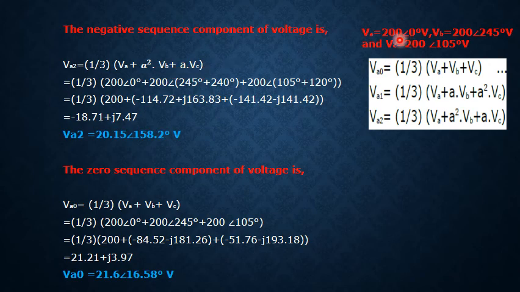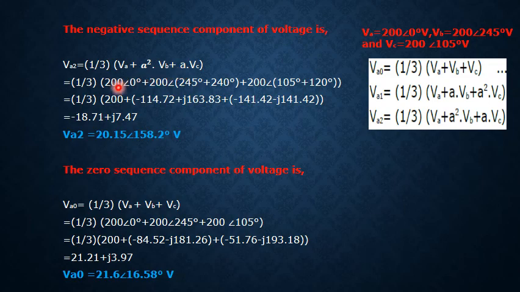These are the values of VA, VB and VC given in our problem statement. Now substitute the values of these phasor voltages wherever necessary. The a square value is 1 at an angle 240 degrees, and the a value is 1 at an angle 120 degrees.